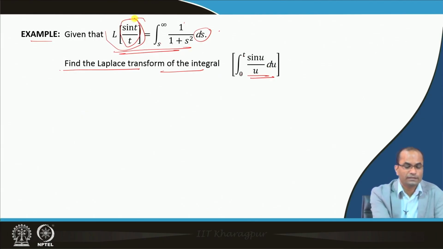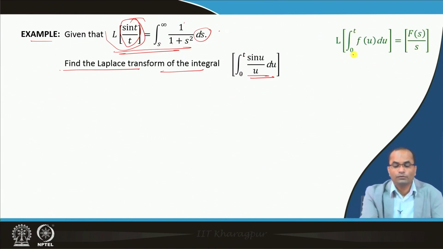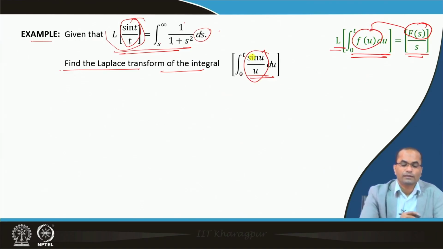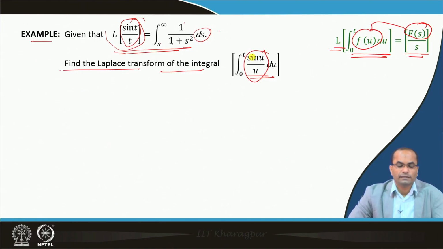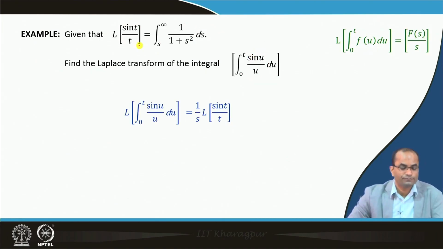If sin t over t is given, then what is the Laplace of the integral of sin t over t? We know the result that the Laplace of the integral is F(s) over s. So, basically we have to get just F(s). F(s) is the Laplace transform of this integrand, that is sin u over u, and that Laplace transform is given already in the problem.